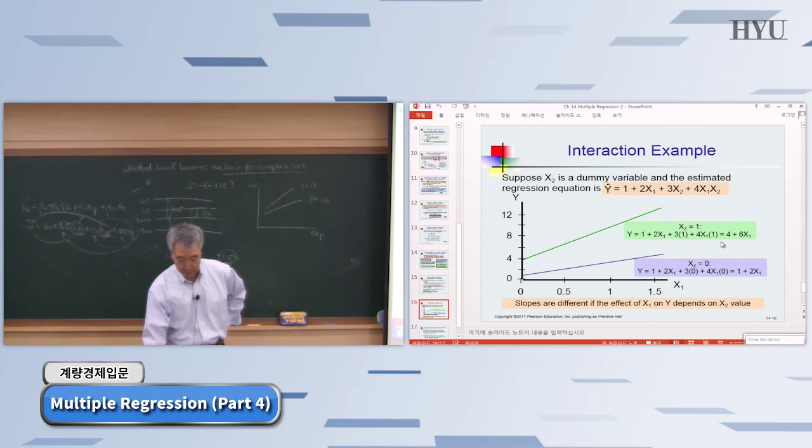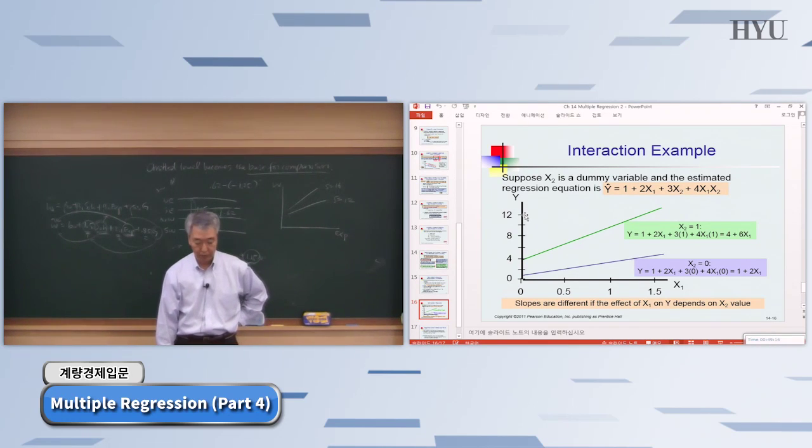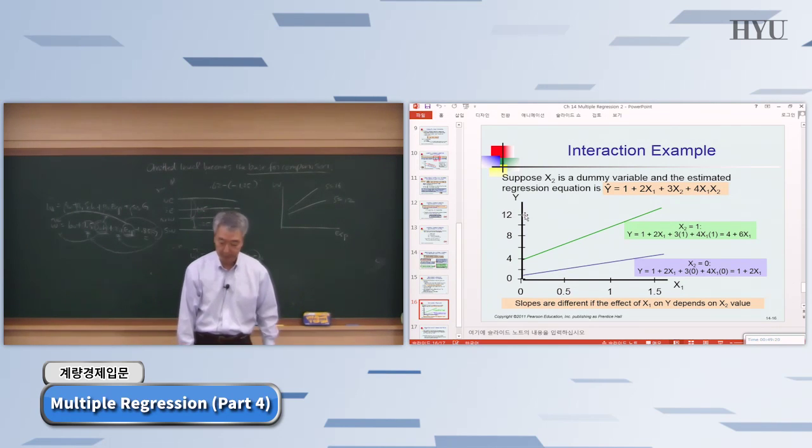But if x2 happens to be 0, then we have only beta 1 plus beta 2 x1. So we have two separate profiles, or two separate relationships between x1 and y. So that handles the interaction effect between x1 and x2.